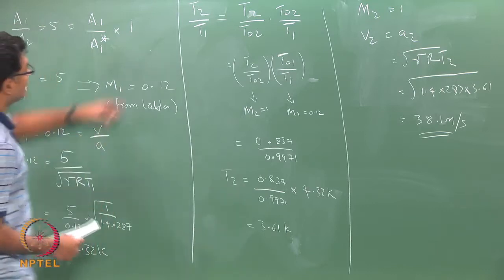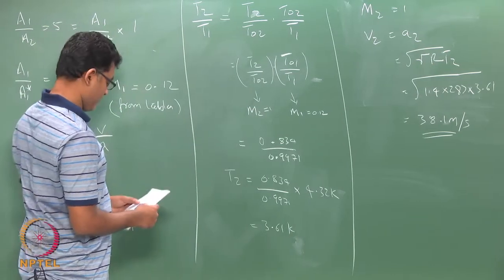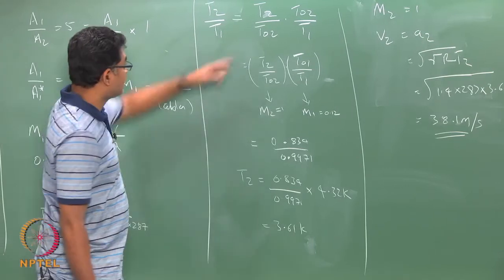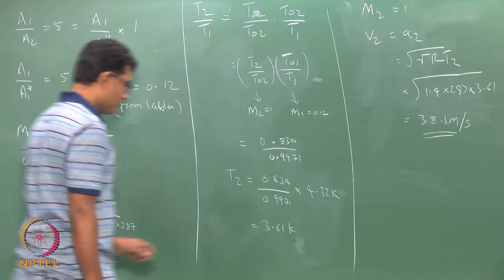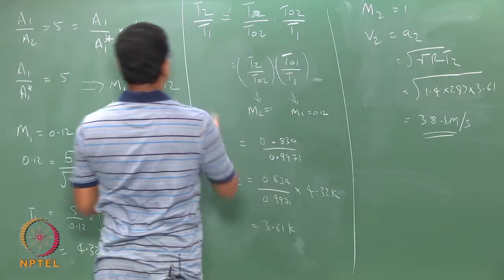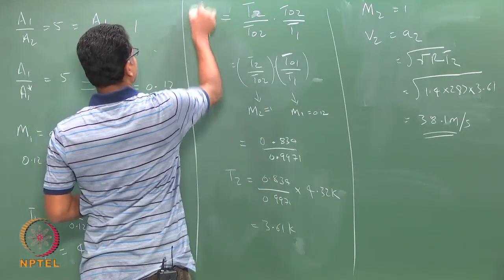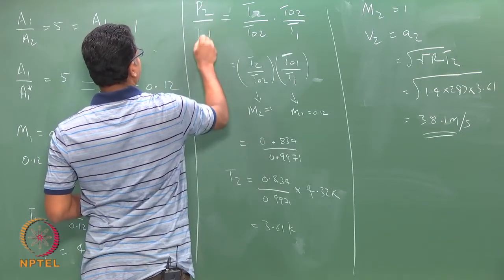Now, similarly, you can find P2 by P1 and substitute the values that we know. So, I will just rub T and write P2 by P1.